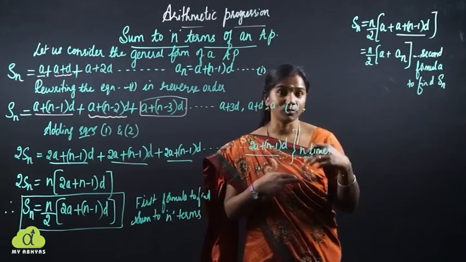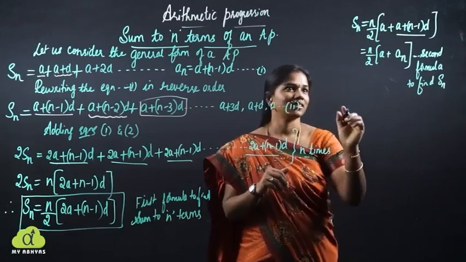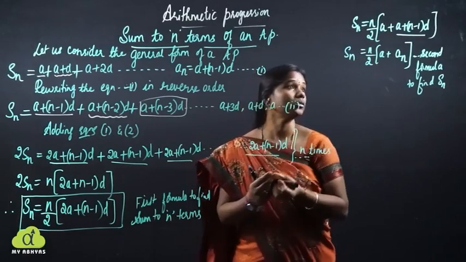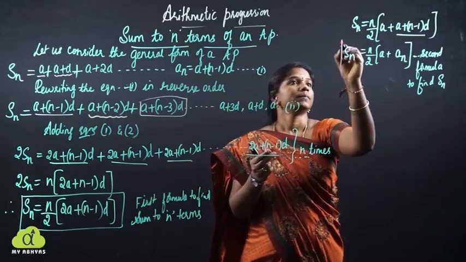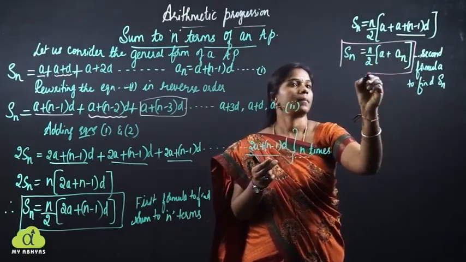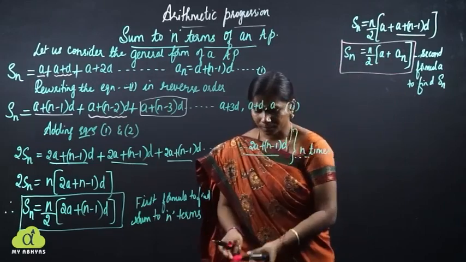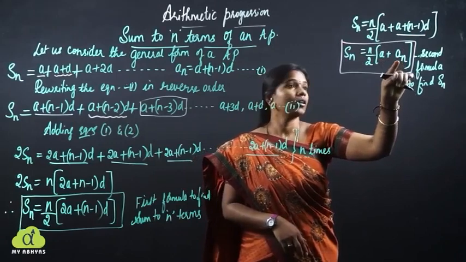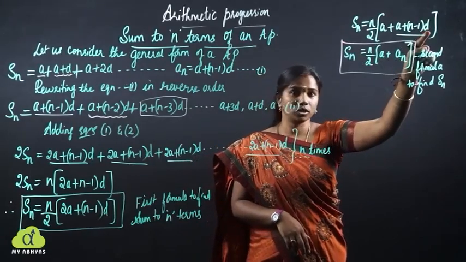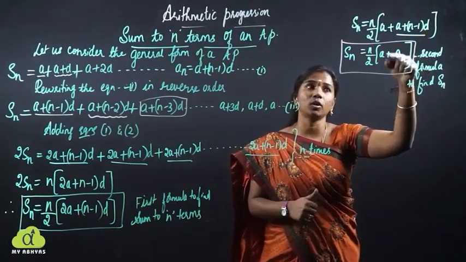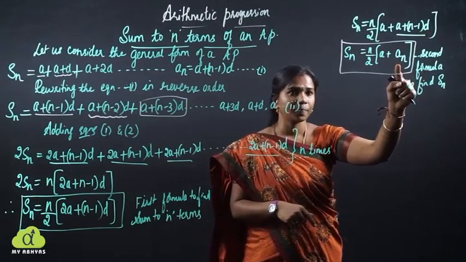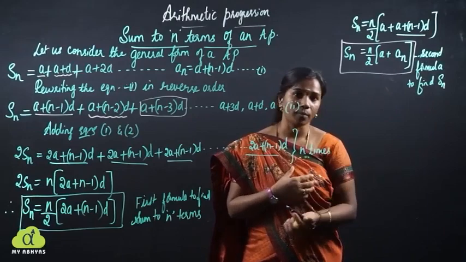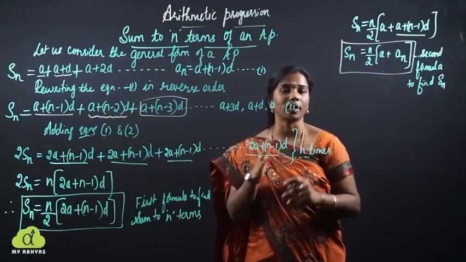I have one more shortcut, so put this in a box also. To use this formula, a plus an, you should know the value of d, of course, then only you can get an. So suppose the problem has not given d. You don't know the common difference. You know only the first term and the last term.